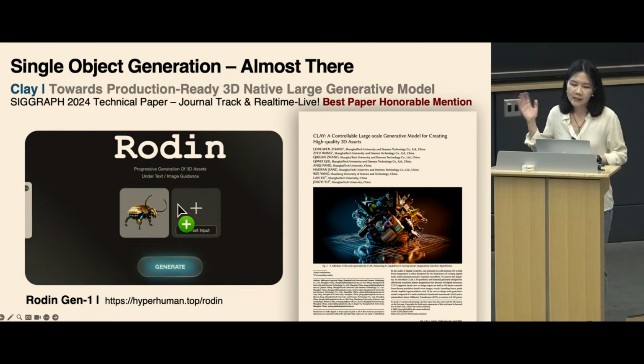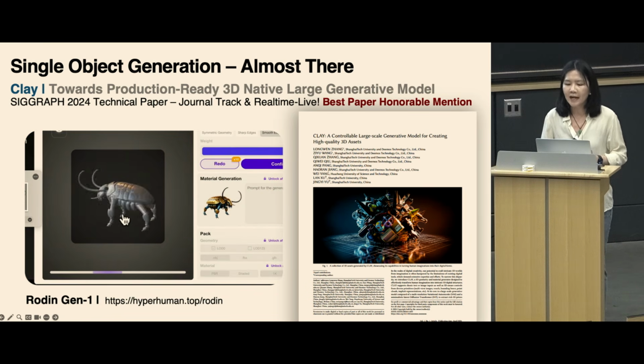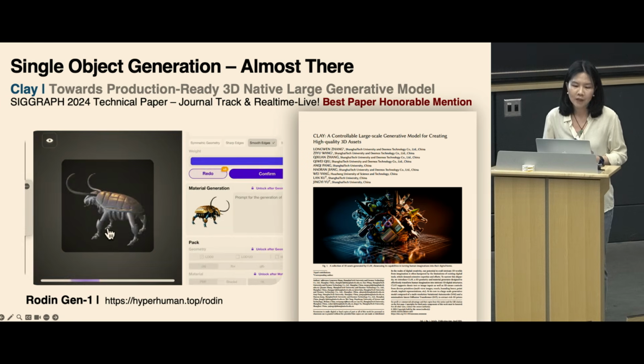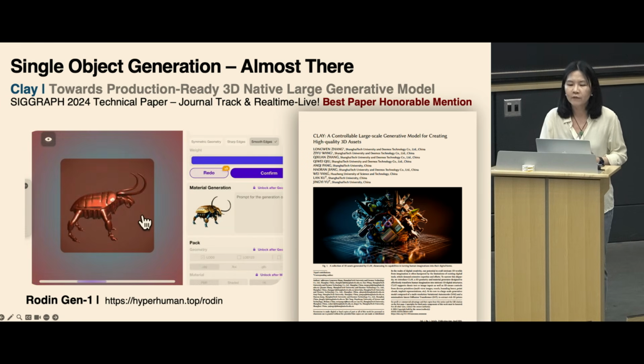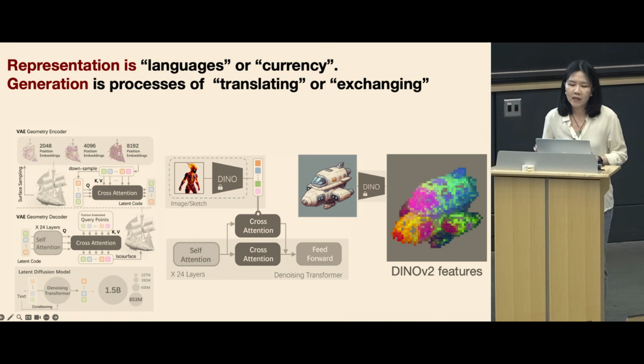The work presented on this slide, CLAY, is from Jing Yi's group and was the first high-quality 3D generator. It aims to map 2D image features to 3D shape features. I like to borrow what Jitendra says on generation: representations are like languages or currency, and generation aims to conduct the currency exchange. However, the key is understanding why exchange rates make sense.